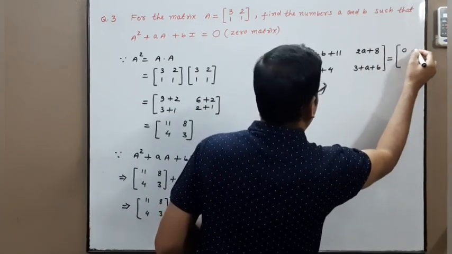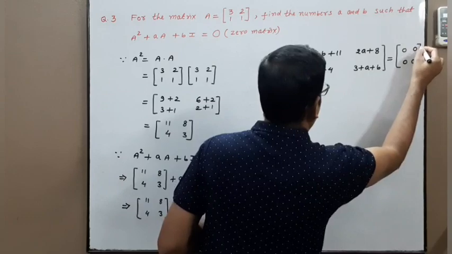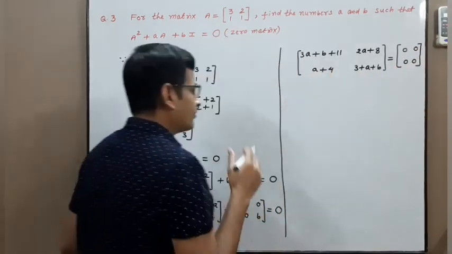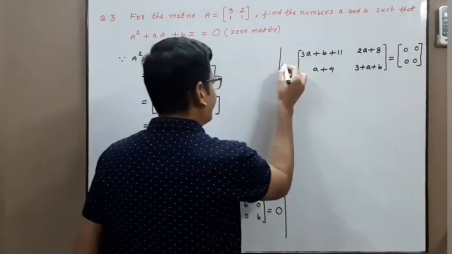So this is a 2 by 2 0 matrix. Now write 2 by 2, because this side is a 2 by 2 matrix, so the right hand side also a 2 by 2 matrix.